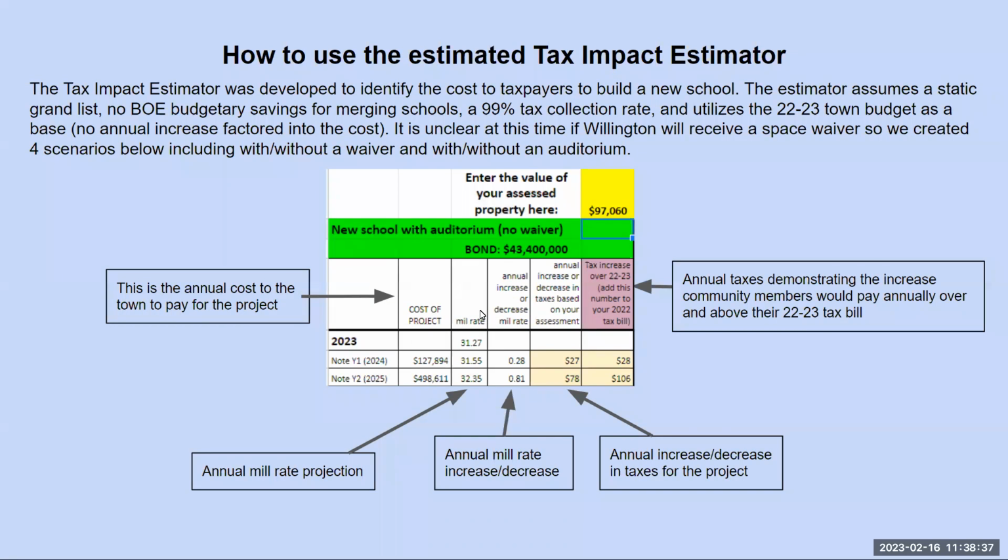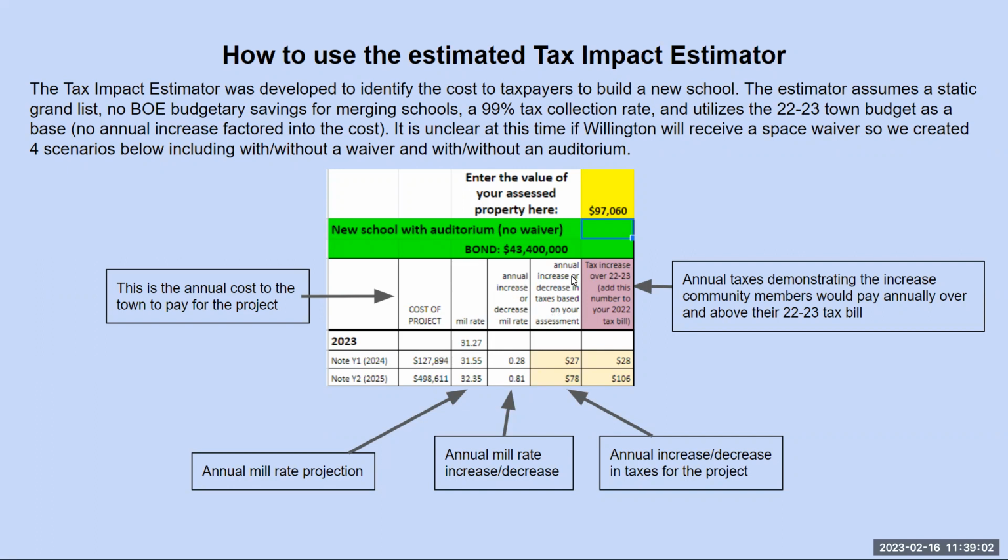That is the mill rate projection should a school project be approved utilizing these costs. The next column is the annual increase or decrease in the mill rate each year. So you can see going from 31.27 to 31.55, that is a 0.28 mill increase.